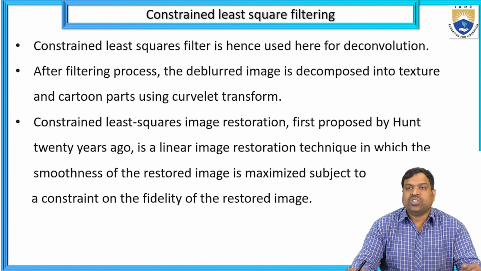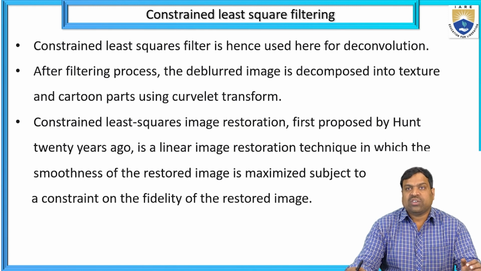Constrained least square image restoration, first proposed by Hunt 20 years ago, is a linear image restoration technique in which the smoothness of the restored image is maximized, subject to a constraint on the fidelity of the restored image. It is a smoothing technique.